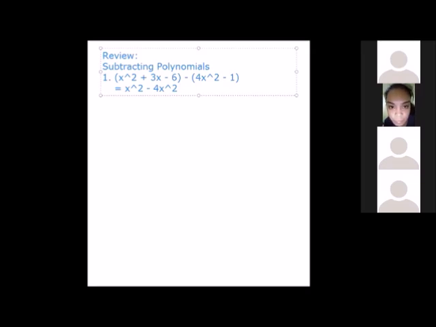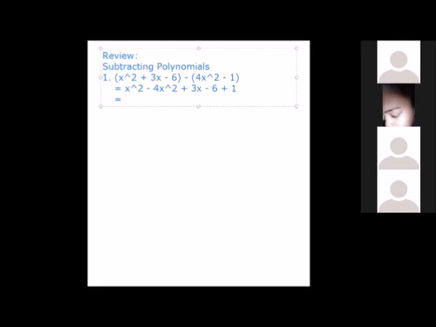So we just copy that, 3x. And then our constants, negative 6, will be added to the additive inverse of negative 1, which is positive 1. Now, everybody, I have here x squared minus 4x squared plus 3x minus 6 plus 1.